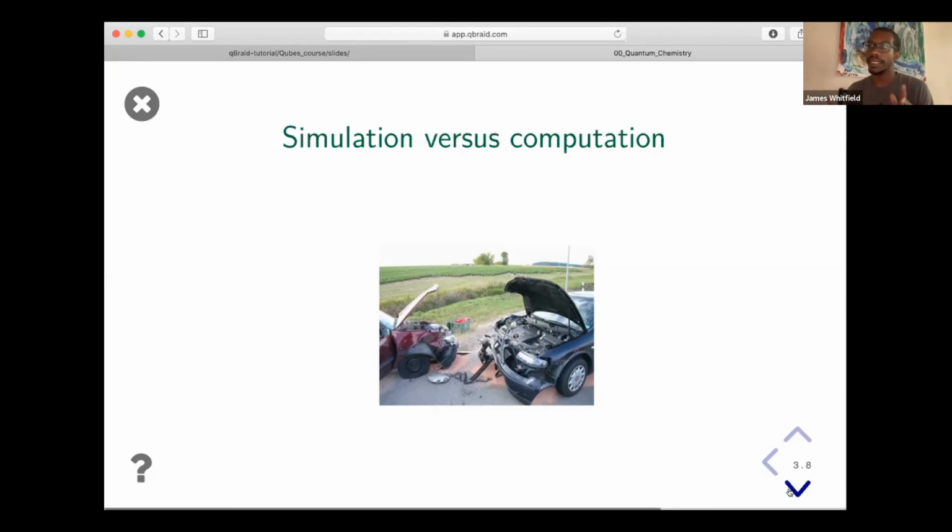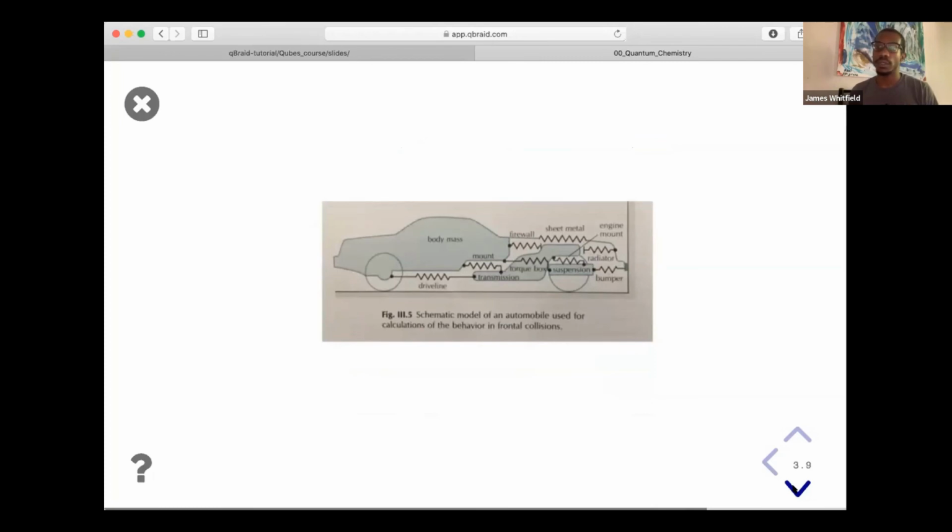So this is an example that I like to use inside of my talks, thinking about a car accident. You have a car accident, okay, it's terrible. People want to know what happened. Are people safe? What happened to the crumple zones, did the airbags deploy, how much force was applied to the person? Okay, so all these questions you want to ask. And what you can do, and what I've assigned in classes before, is actually just a bunch of harmonic oscillators. So these are just springs. So we have Newton's law: minus kx equals the force.